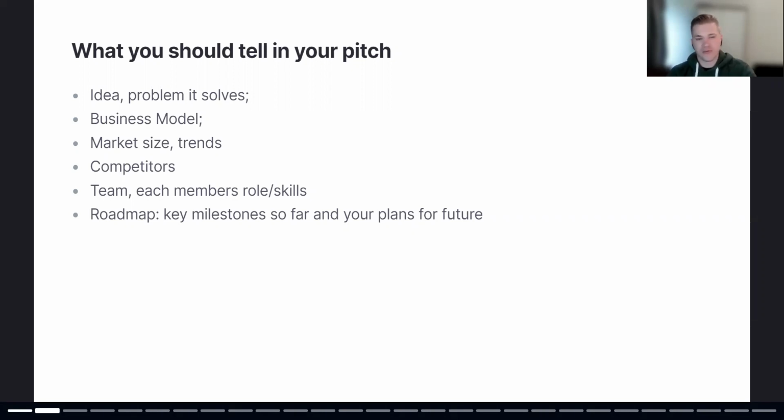And the parts that we usually ask the teams to tell about are, so the idea, and of course not only the idea that you have for what you want to build, but also you have to mention what's the problem that you will solve with your idea.